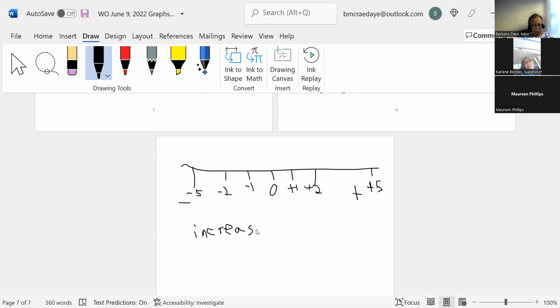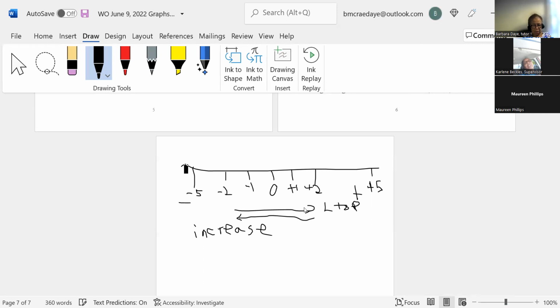Okay, so for increase, do we go this way or this way? This is from left to right, so I say L to R, left to right.